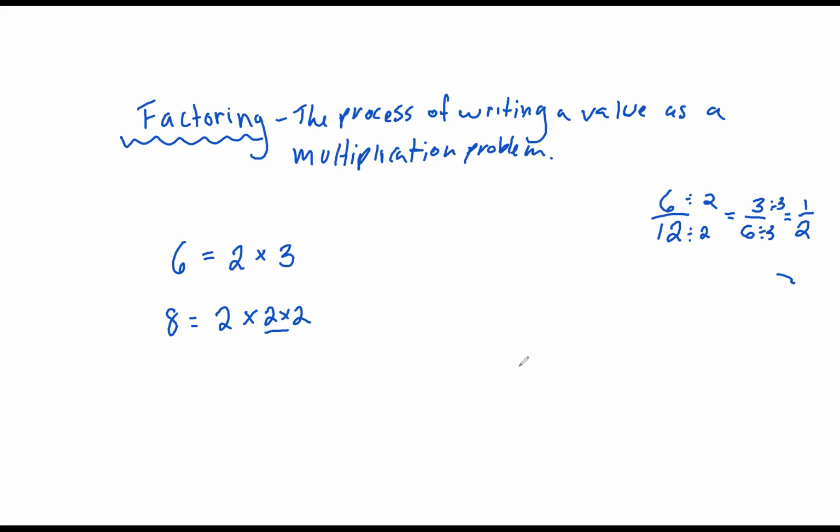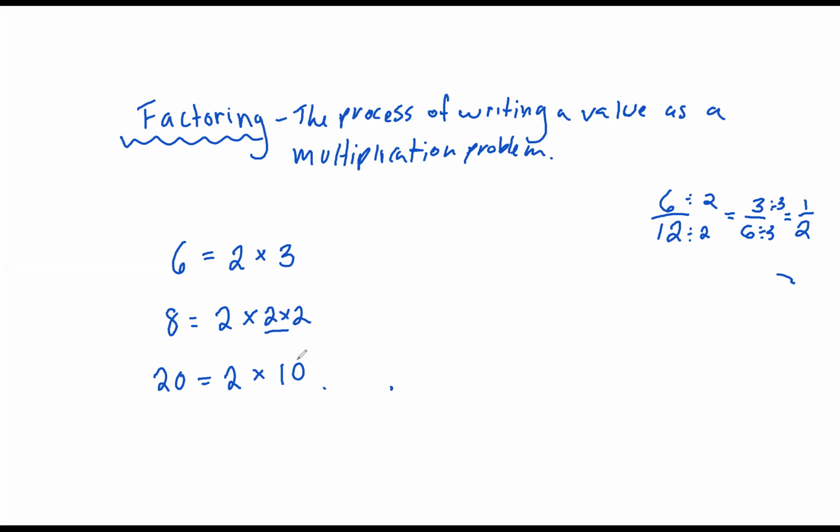Okay, so let's take another example. Let's do the number 20. How could we write 20? Some of you might say 4 times 5 or 2 times 10. Either one, we could start with either one. Let's go ahead and do 2 times 10. Now look at both of the factors. I have a factor of 2 and a factor of 10.